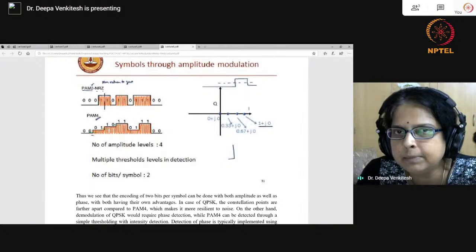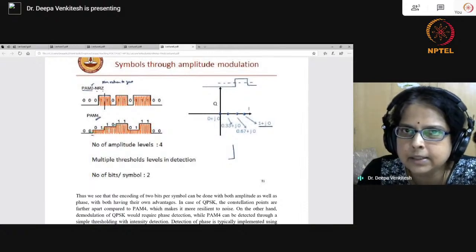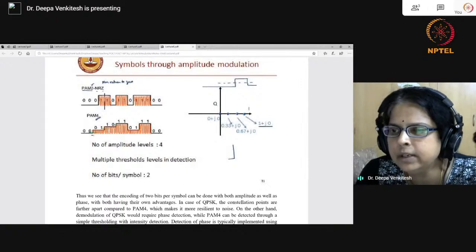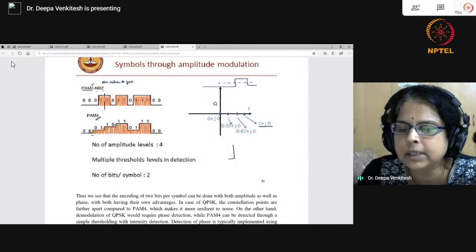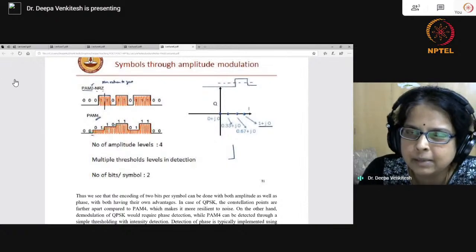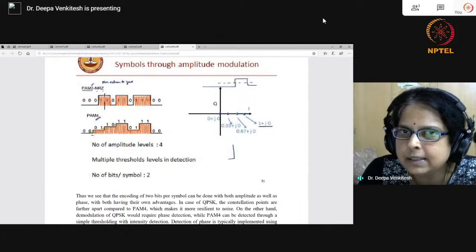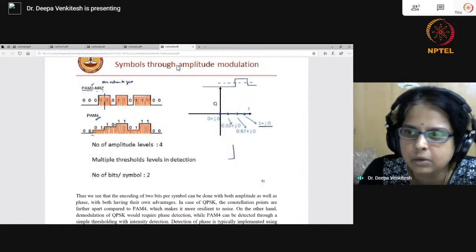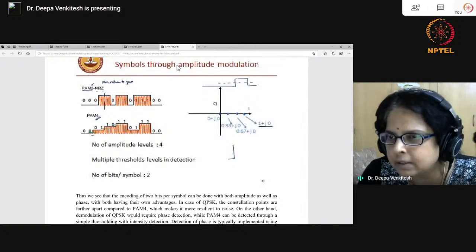WDM grids are typically designed in the C band, which is 1530 to 1560 nanometers. If you were using 1310 nanometers, you could use something like coarse WDM, where the wavelengths are more widely separated, and use 4 channels of 25 gigabits per second. That will be the simplest solution.